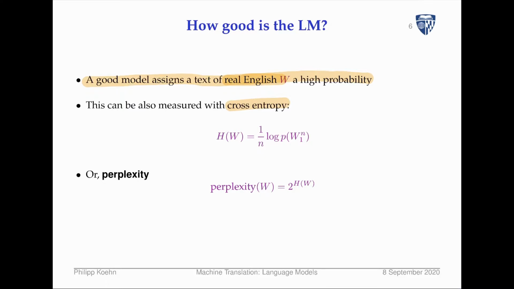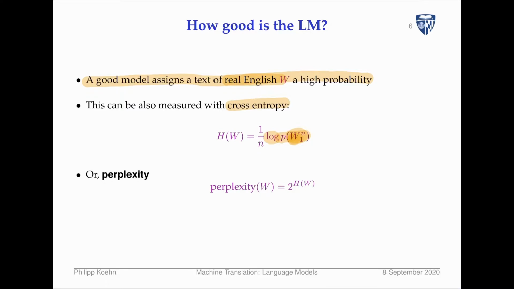So it's basically just a fancy way of converting the probability for the word sequence into a slightly different number. So we look at the word sequence and the probability that is assigned to the word sequence. The log, we are now in the mathematical realm of entropies.